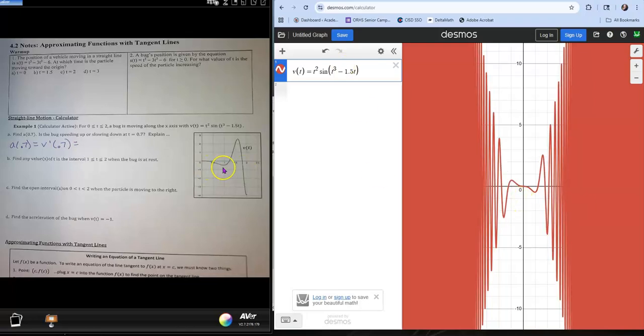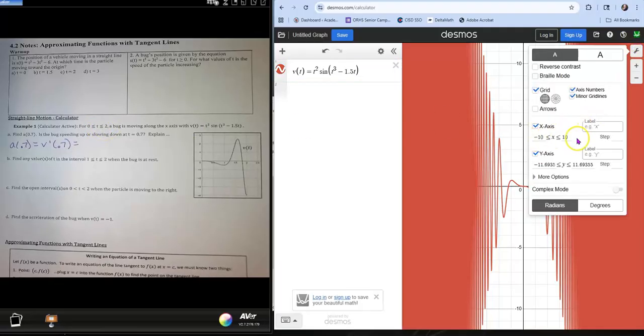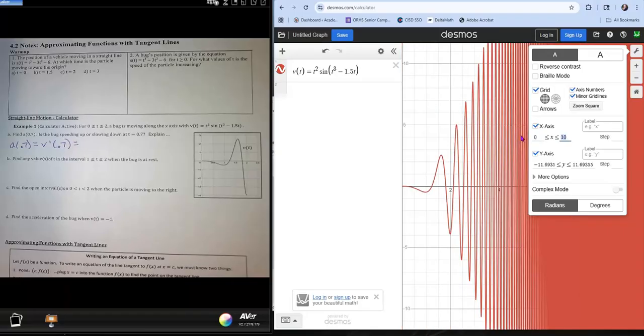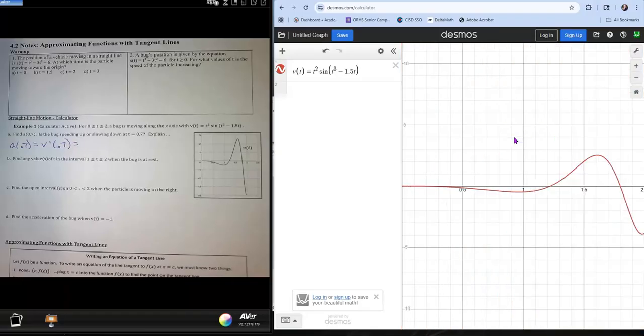All right, and my graph does not look like the graph on my paper, but you can see it's because these are only showing the values between 0 and 2. So if you hit this wrench at the top and change your x values from 0 to 2, it's going to look a little bit more like that graph.